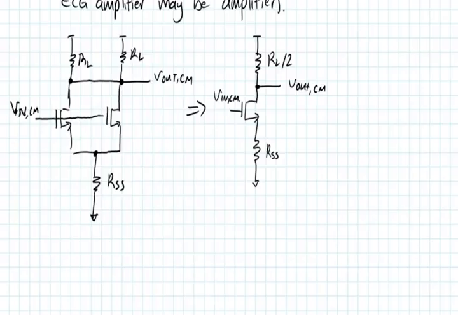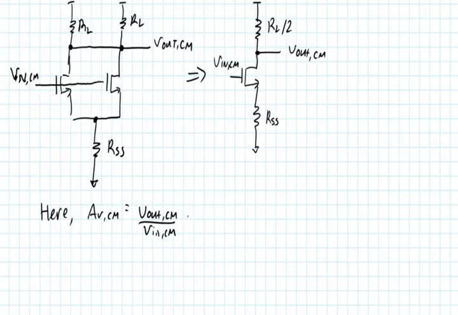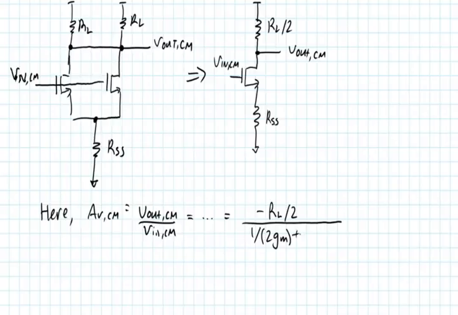Okay, so here in this circuit, AVCM is equal to V out CM over V in CM. And I'm not going to derive this, but let's just come down to the final solution here. This is a very simple small signal model. You should be able to solve this pretty easily. It is equal to minus RL over 2 divided by 1 over 2 GM plus RSS. Okay.